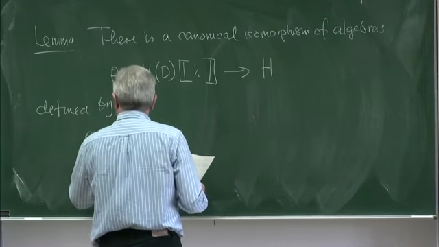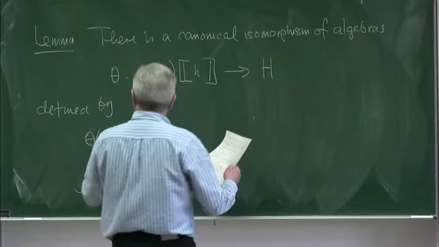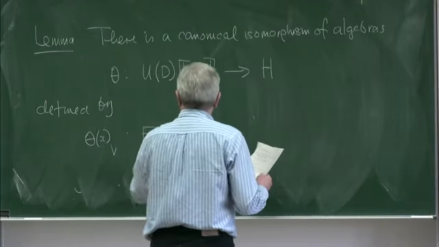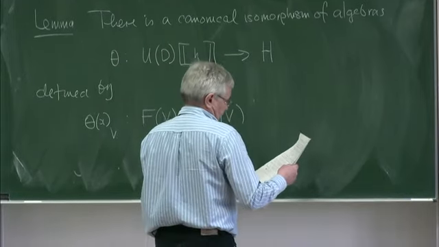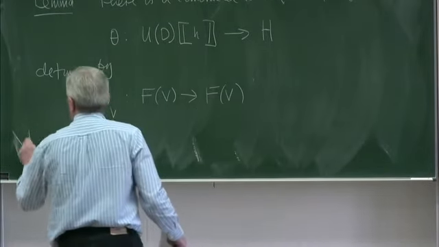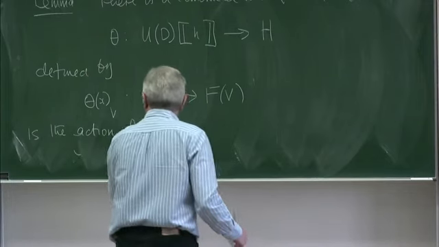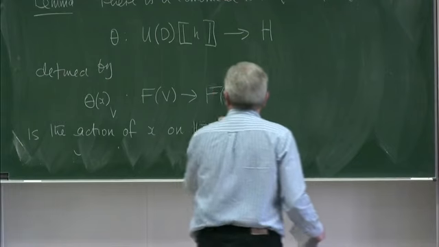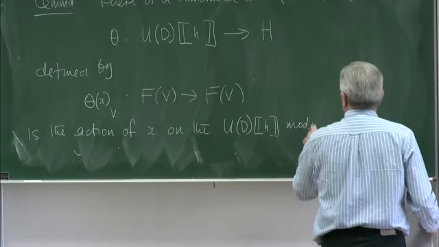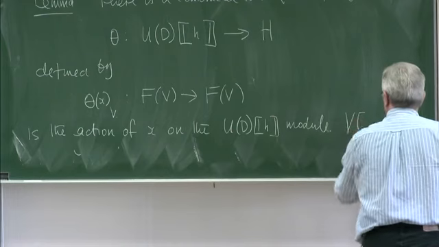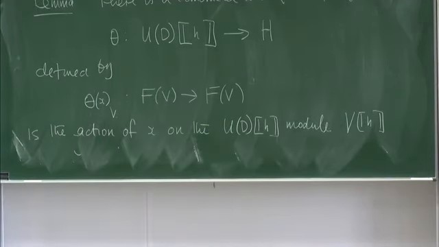Theta of x at V, going from F(V) into F(V), is just given by the action of x on F(V).